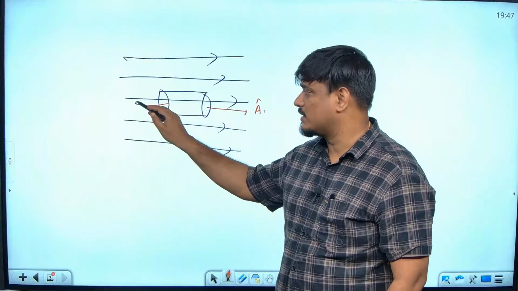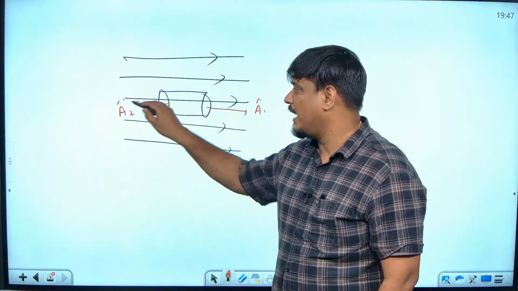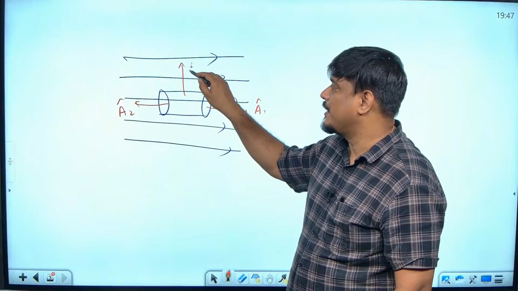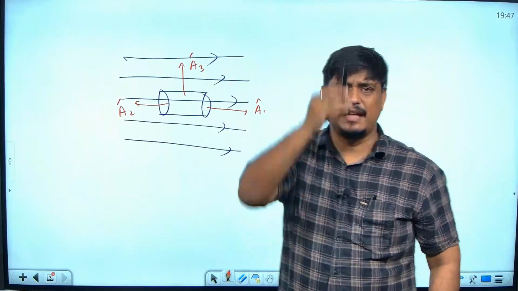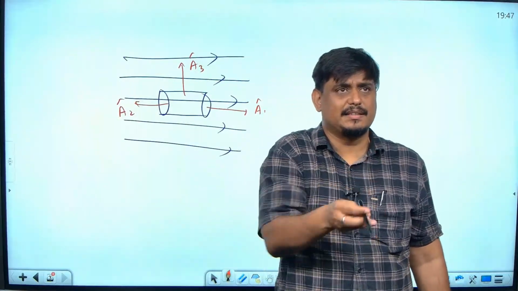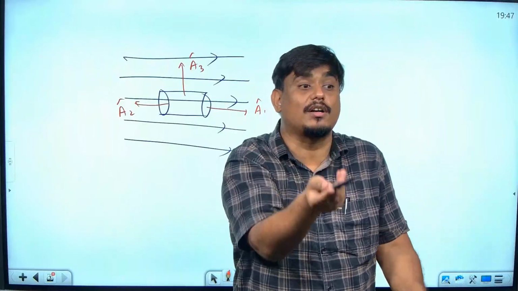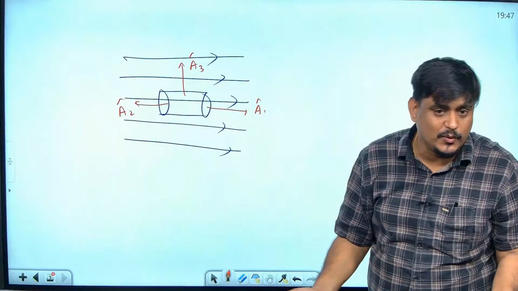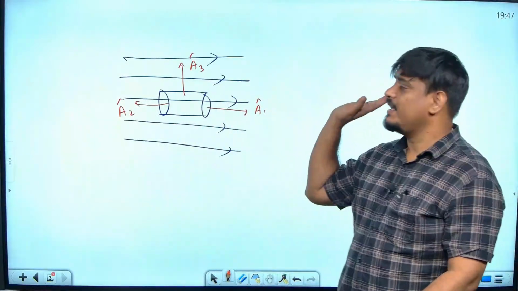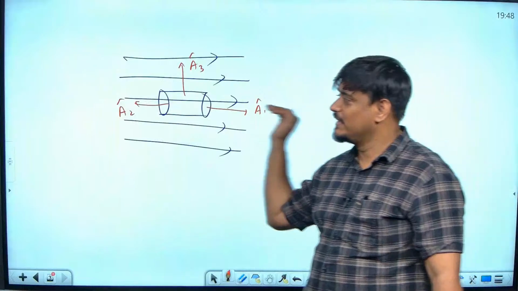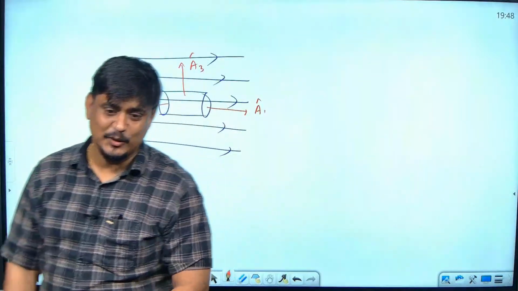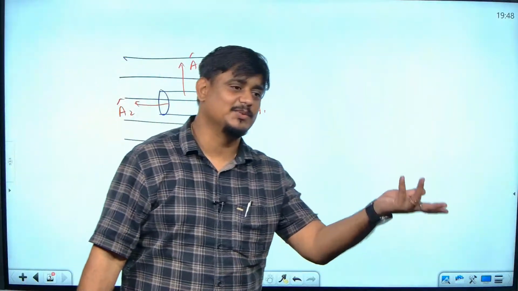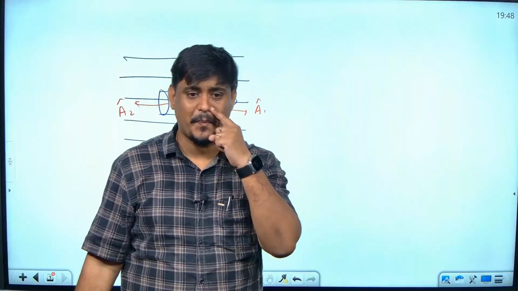One area is towards left, A2 vector. And third area is perpendicular. Wherever you keep it, it is always perpendicular to the electric field. So flux through this face is obviously going to be 0. This will be EA cos 0. This will be EA cos 180. So plus EA minus EA, 0. Logic is clear to you?